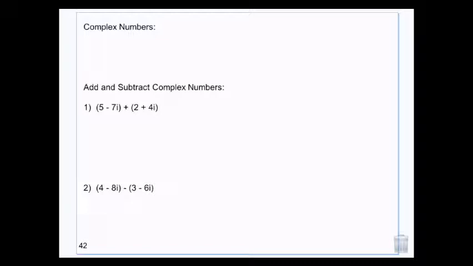what happens when imaginary and real come together. You get complex. So complex numbers have a real part and an imaginary part.